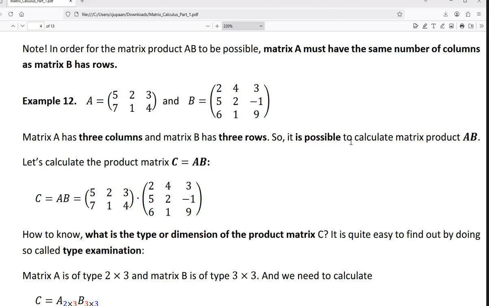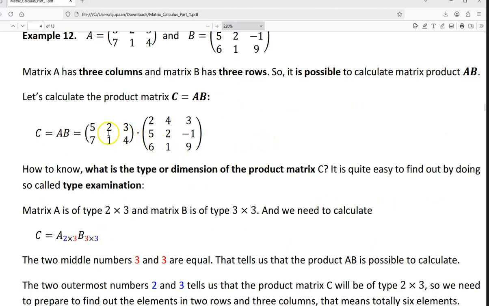This is a huge difference compared to basic algebra, where 2 times 3 is exactly the same as 3 times 2. The order of multiplication is not important in basic algebra, but in matrix algebra it is very, very important. So you have to be sure that you multiply them in the correct order.